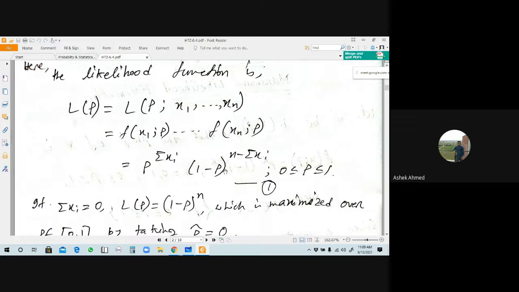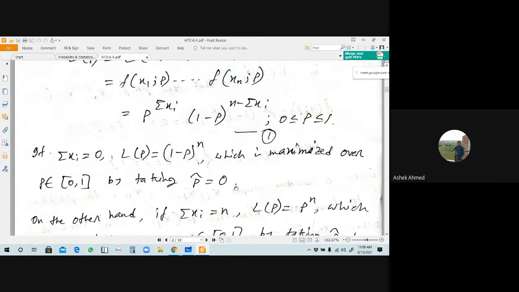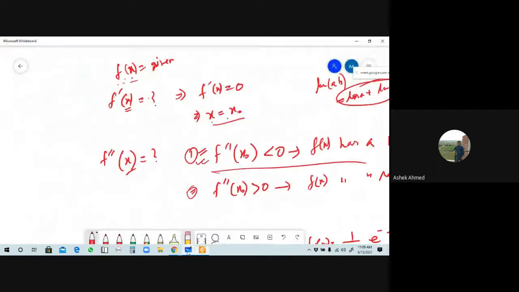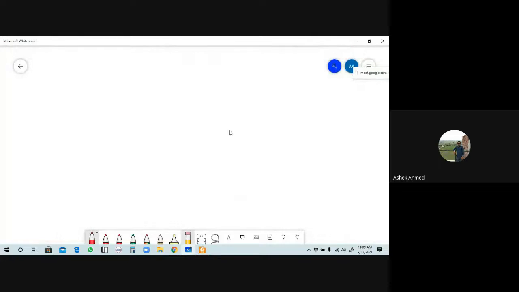There it has the product of two functions. So we know that ln of a into b, meaning the product, is ln a plus ln b.